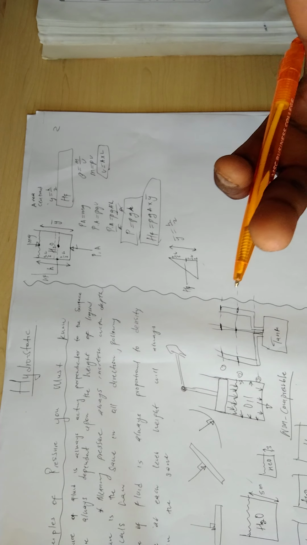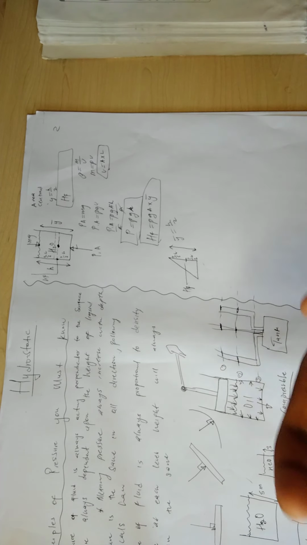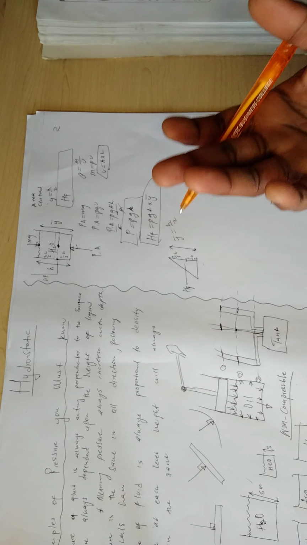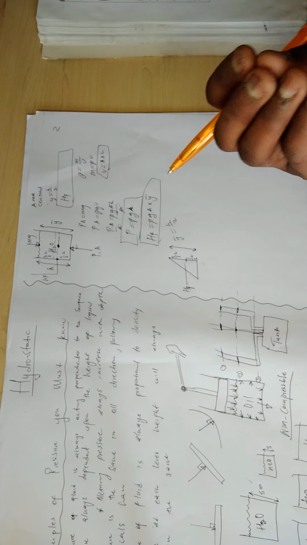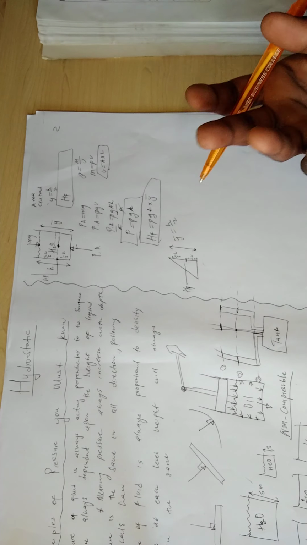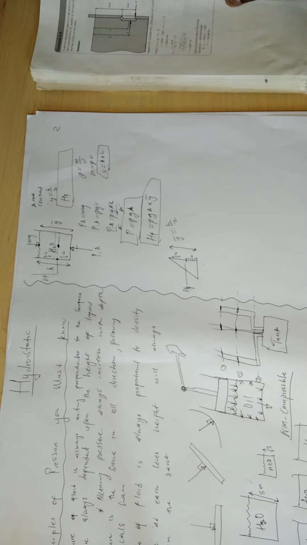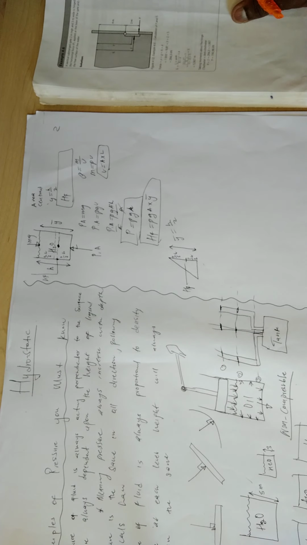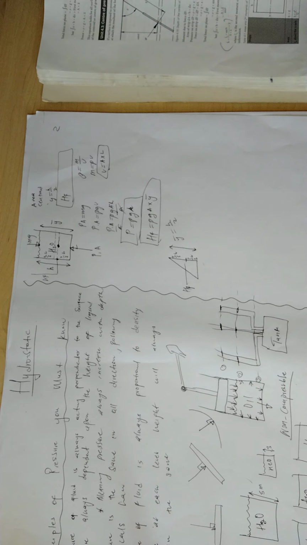Sometimes you'll be given a cube, sometimes a triangle, a rectangle, sometimes a different kind. You just have to use your geometric skills to solve those things. And I want to show you another formula, now that we found the horizontal pressure.